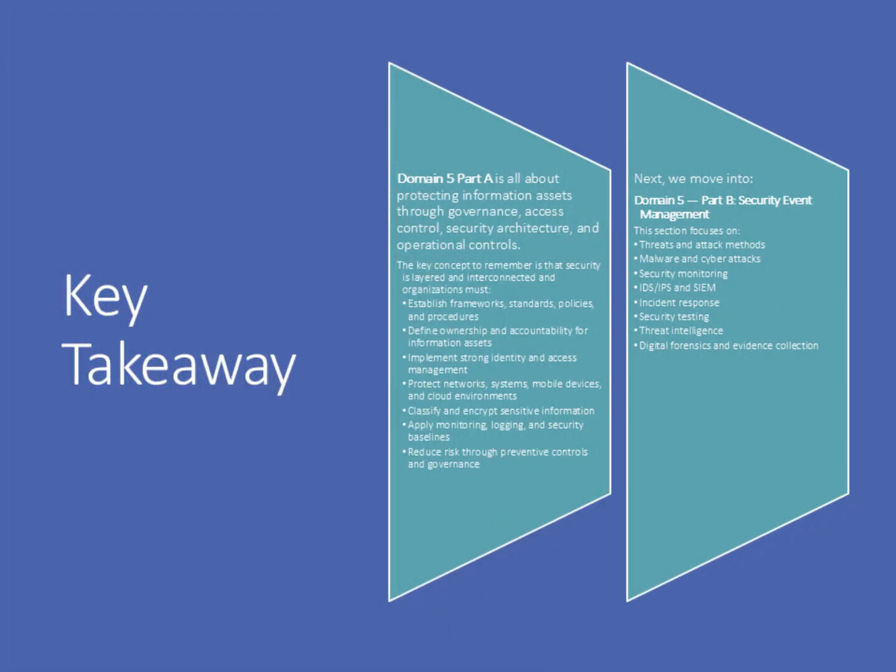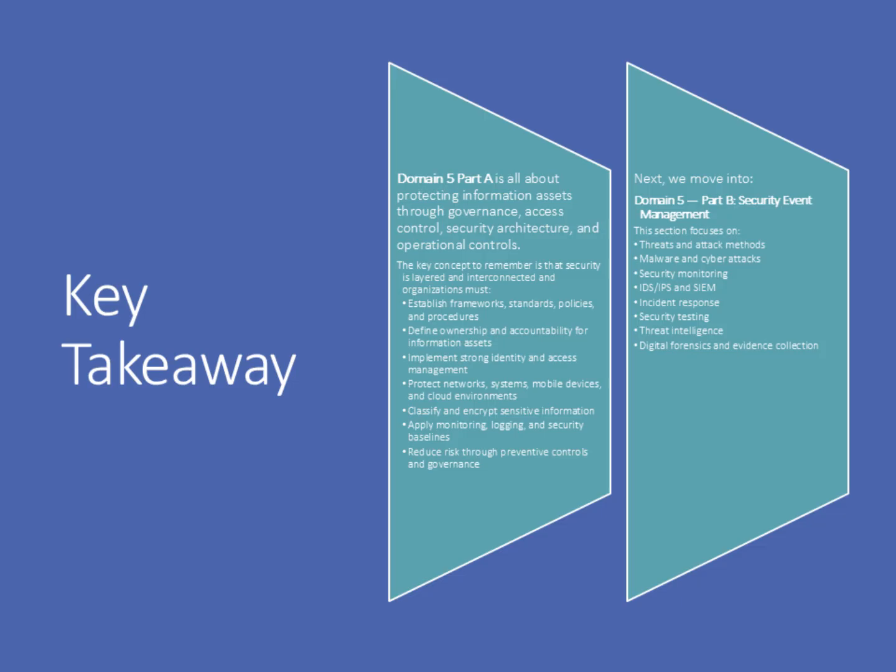A key concept to remember is that security is layered and interconnected. Organizations must combine policies, ownership, access controls, monitoring, encryption, network security, and governance to reduce risk and protect critical information assets.